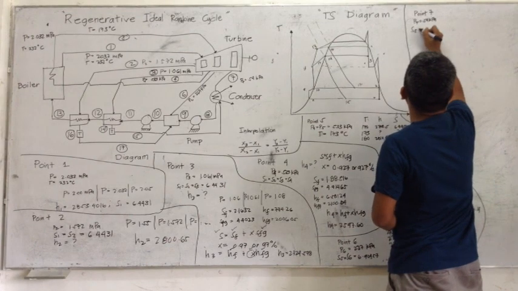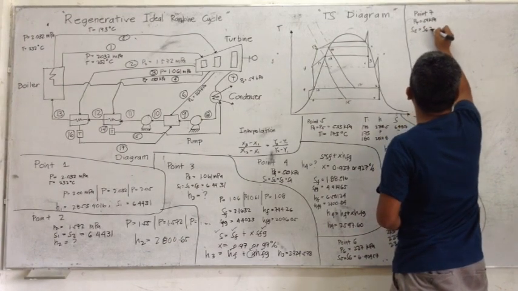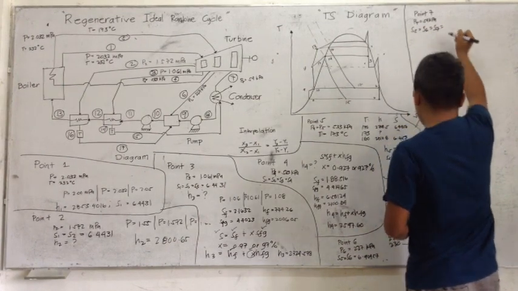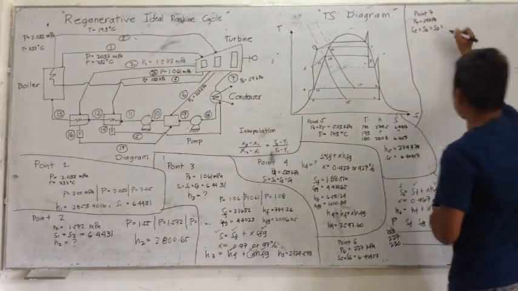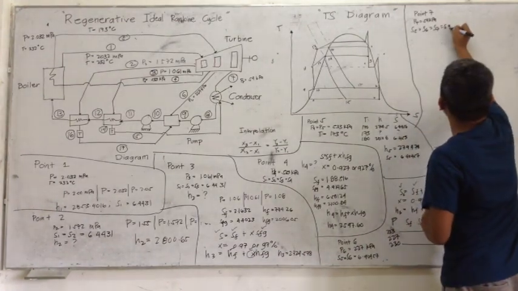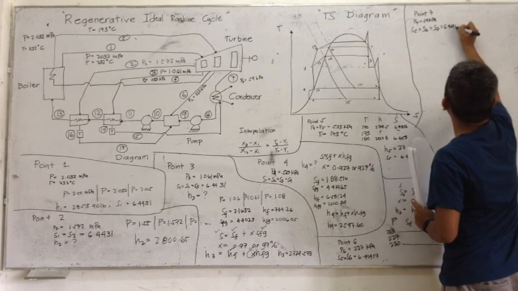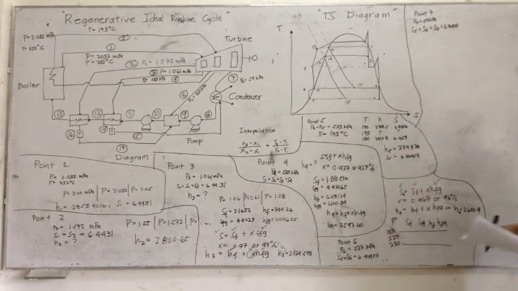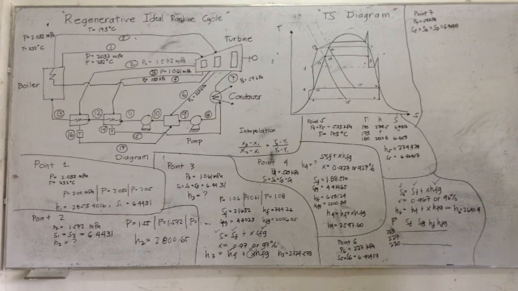So S5 is equal to S6 equal to S7, which is 6.90457. So the same method we use in point 6, which is 54 kPa.